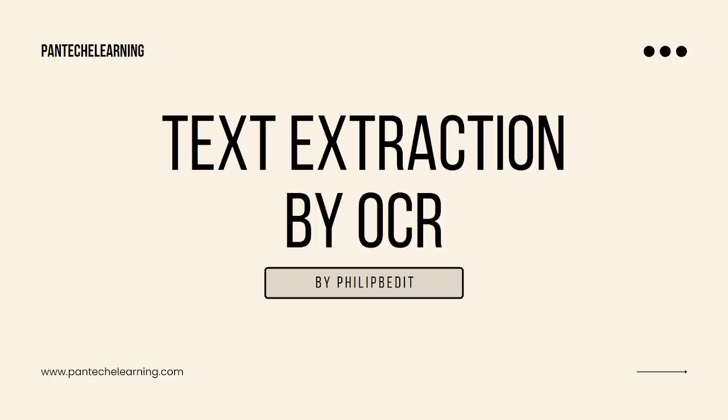Of Artificial Intelligence Masterclass. Today we are going to discuss one of the interesting topics, that is text extraction by OCR. Maybe you are asking me, what is the meaning of OCR? In this particular task, we need two different technologies, that is computer vision as well as a deep learning tool.